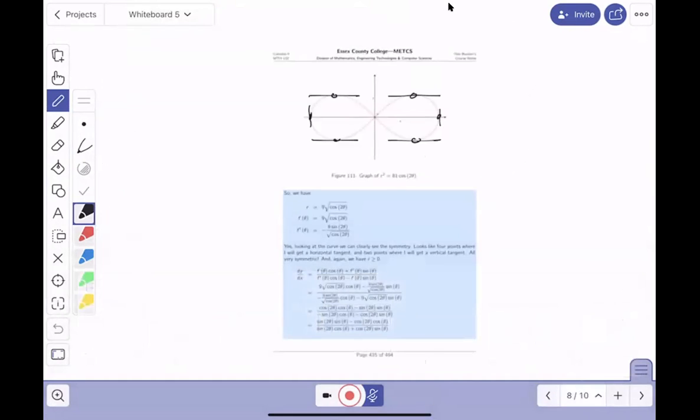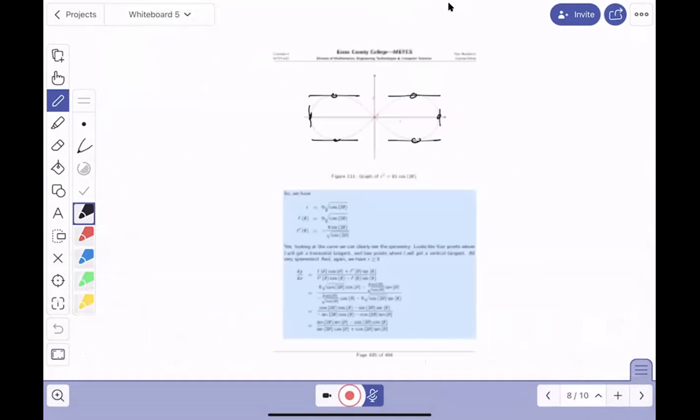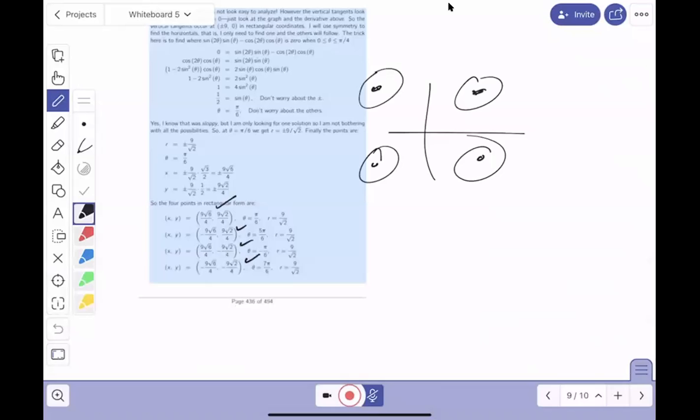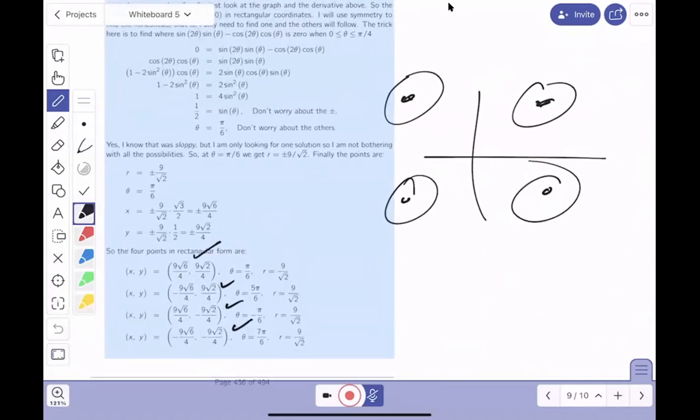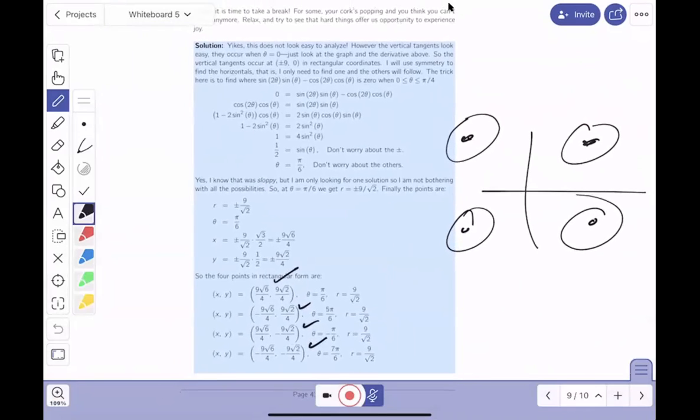Sorry about this, I know I'm going around a lot. Yeah, I got the bottom right. Let me see if I got the angle right. Pi over 4.